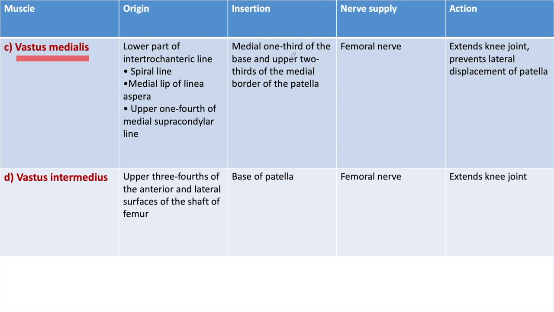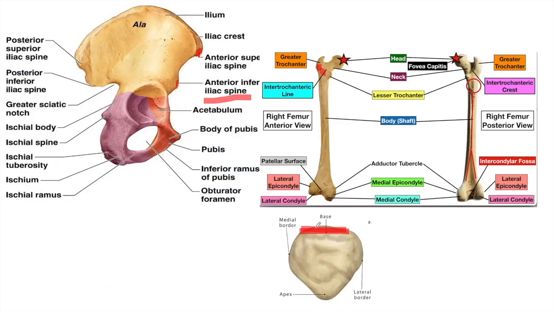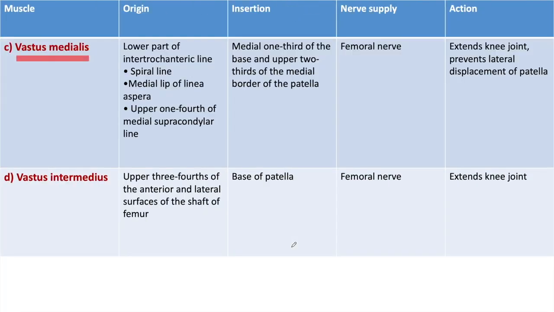It is inserted into the medial 1/3 of the base and upper 2/3 of the medial border of the patella. Sartorius is inserted into the base of the patella. Vastus lateralis is inserted into the lateral part of the base of the patella. Vastus medialis is inserted into the medial border of the base of the patella. It is also supplied by the femoral nerve. Action: extends the knee joint and prevents lateral displacement of the patella.